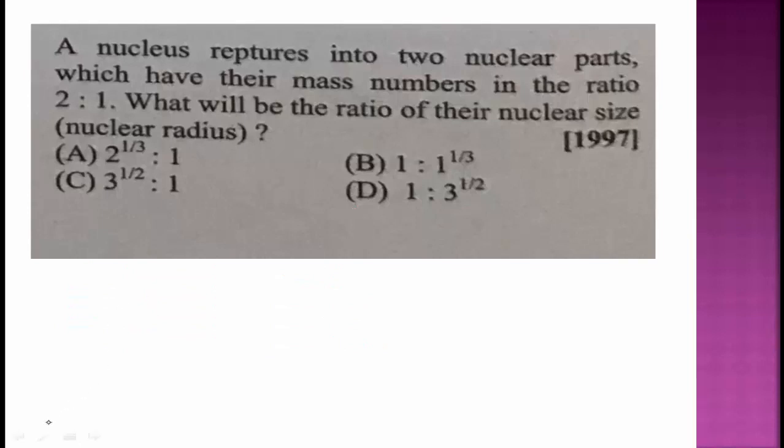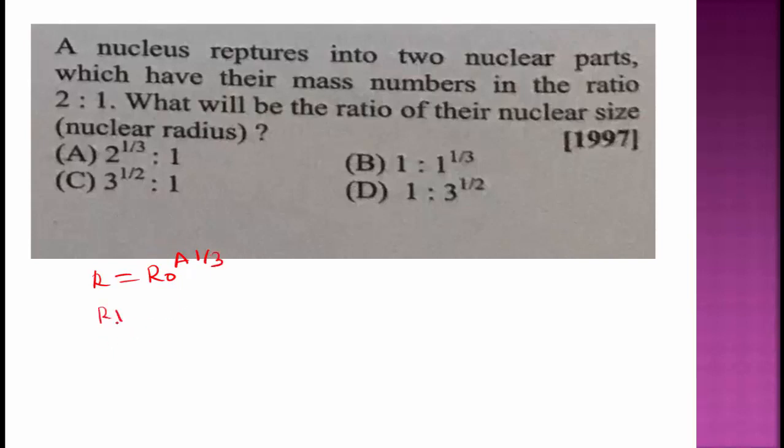And the next problem is: a nucleus ruptures into 2 nuclear parts which have their mass numbers in the ratio of 2:1. What will be the ratio of their nuclear sizes? We know this formula, R is equal to R0 A to the power of 1 by 3.